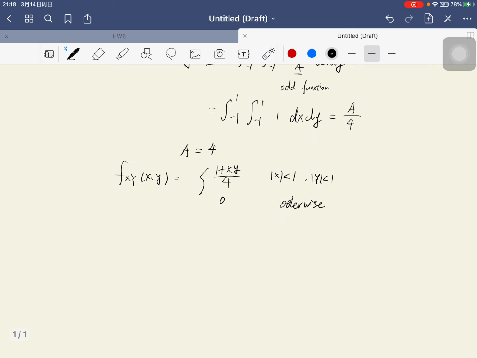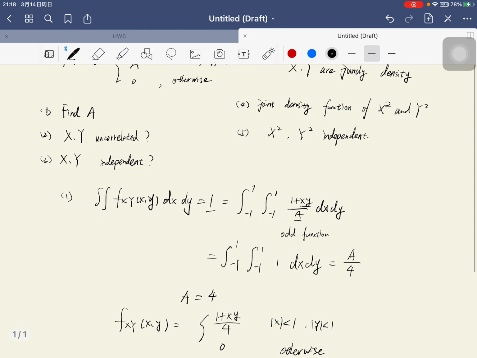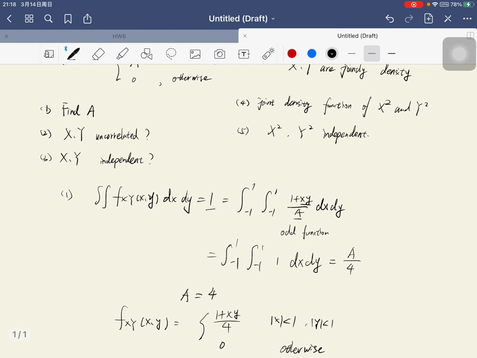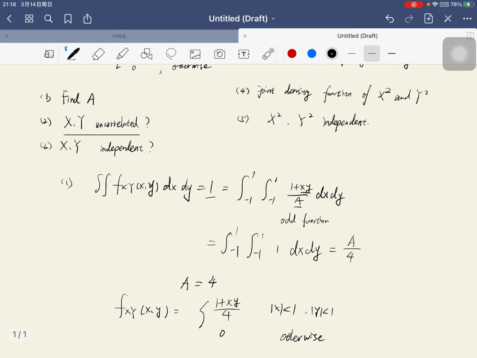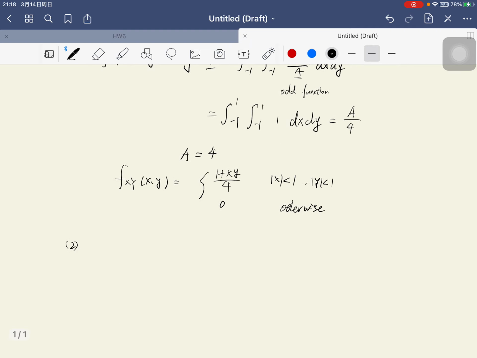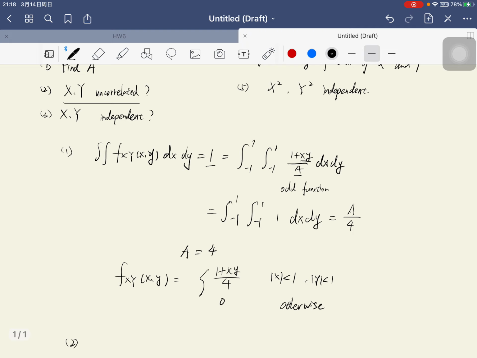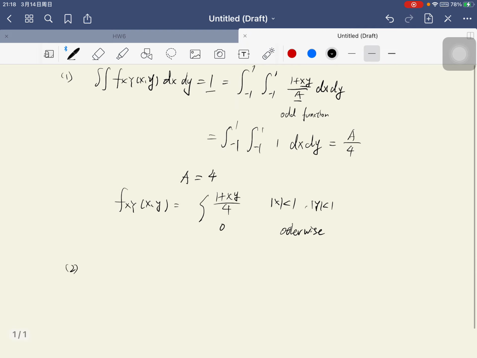For question 2, we want to prove whether X and Y are uncorrelated or not, and to do that we want to compute the expected values.